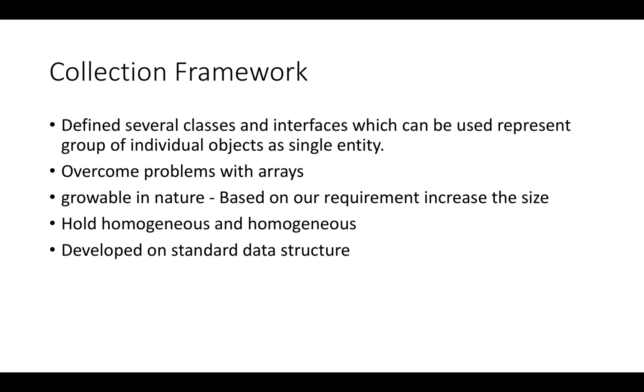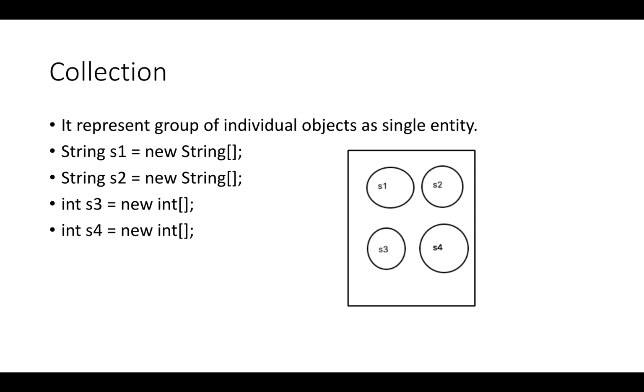It means in one collection object we can store any data type. The main advantage is that it is developed on some standard data structure. Each and every class is developed on some standard data structure, which I'm going to explain in each and every class.